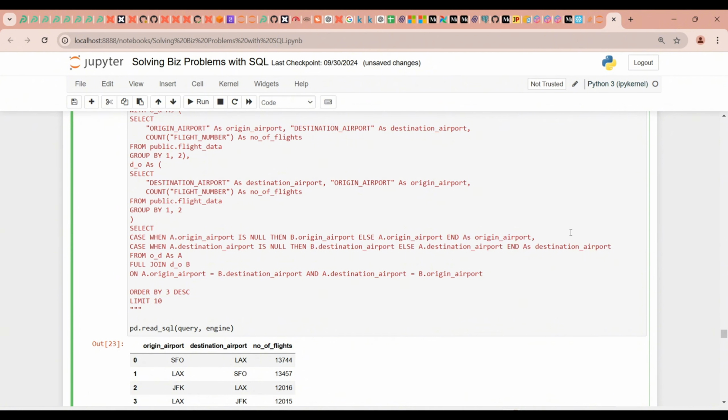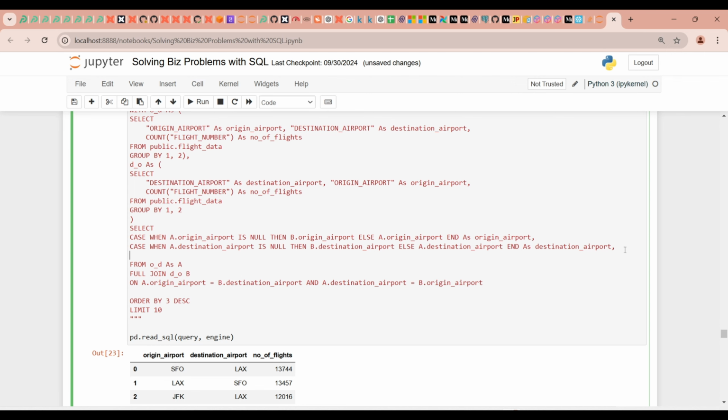Then we'll add up the number of flights in both of them. That'll be A dot number of flights plus B dot number of flights, and let's call this number of flights.